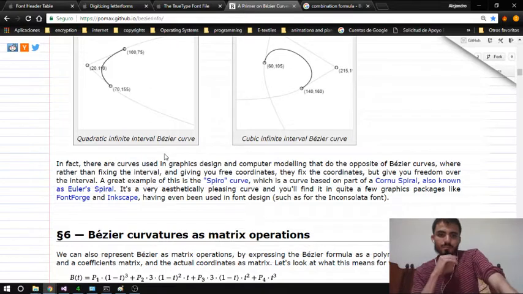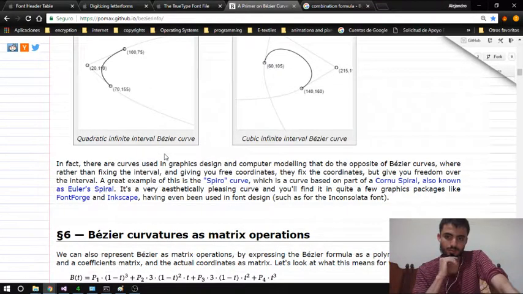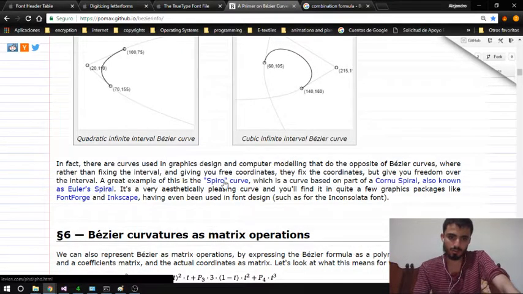Rather than fixing the theorem, they fix the coordinates but give you freedom over the interval. It's a spiral curve.